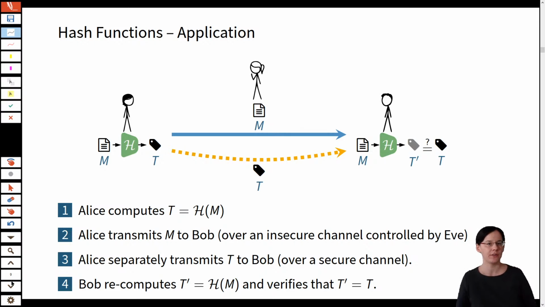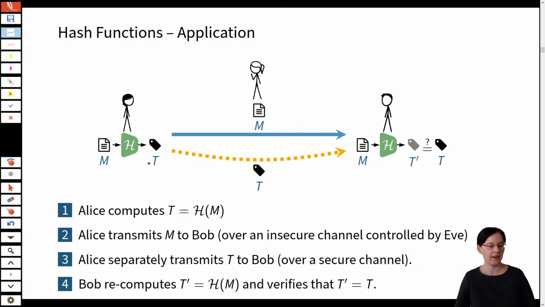Let's have a look at how these should be used. I already explained it in the context of this application example. Namely, whenever Alice and Bob want to use this hash function to protect the authenticity of their messages, then both sides apply the hash function to the message, where Bob receives the message over some untrusted channel where Eve, the adversary, has access.